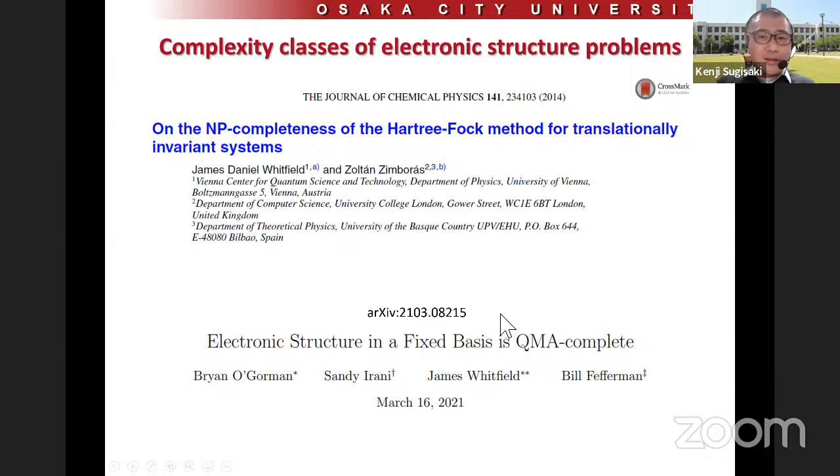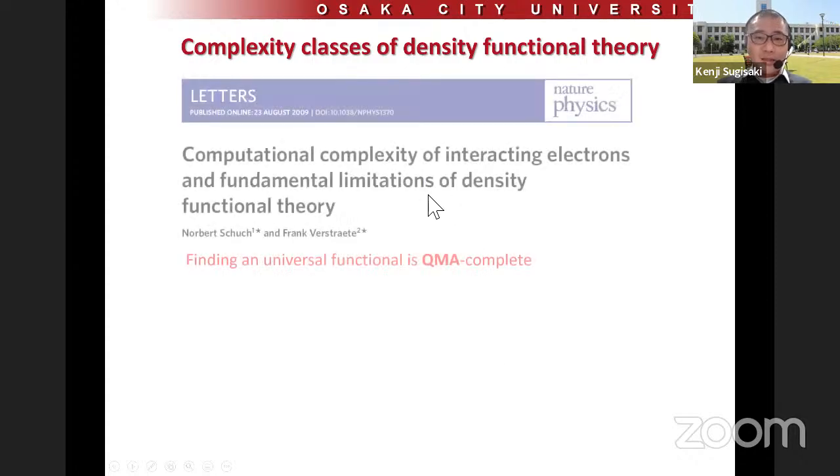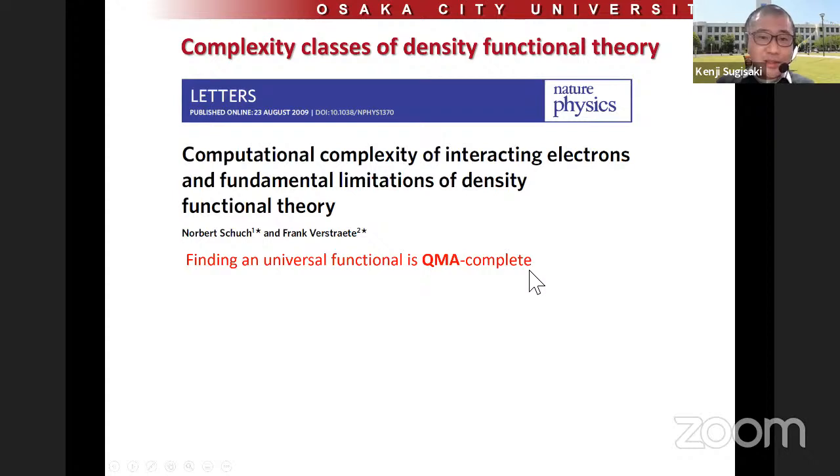And let's think about the complexity class of density functional theory. This paper was reported in 2009. In this paper, they proved that finding a universal function for density functional theory is QMA complete.